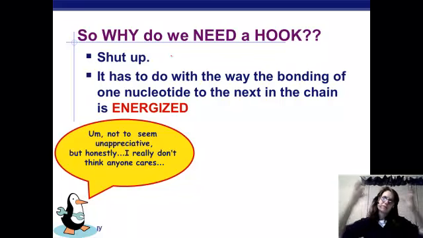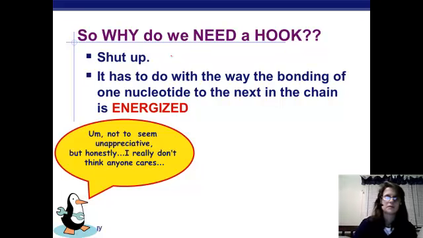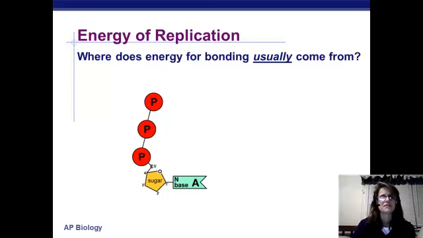We are building something big from small subunits. We need to have energy to do that. The way each reaction is energized, in which we add a nucleotide to the existing DNA molecule, is the reason why we need the 3' hook.